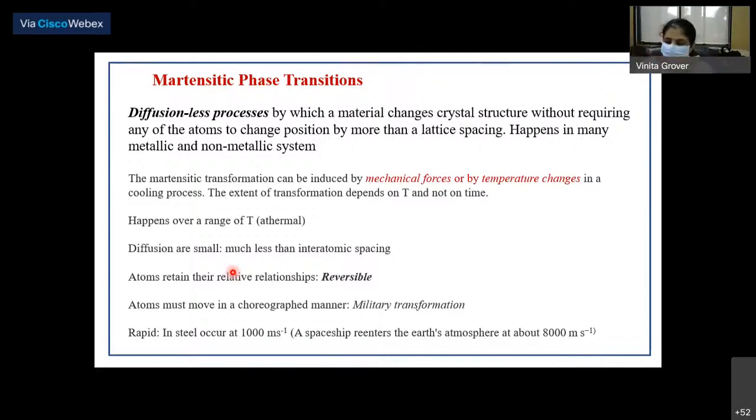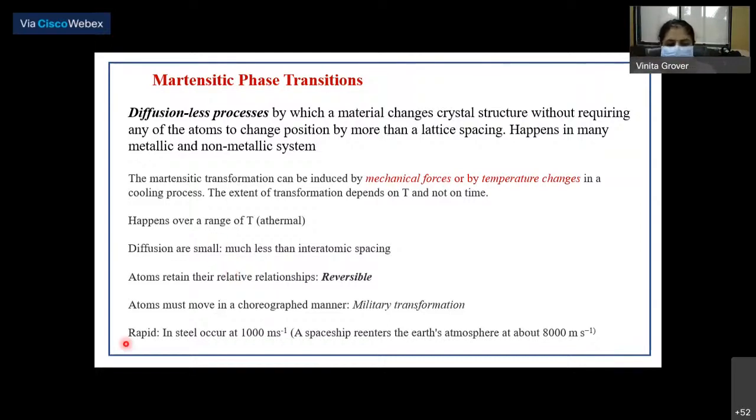If in one direction, on cooling, they happen at T1, then on heating, from low temperature to high temperature, they will happen at a temperature T2, which would be higher than T1. That phenomenon, showing a difference in the temperature in two directions, is called hysteresis.